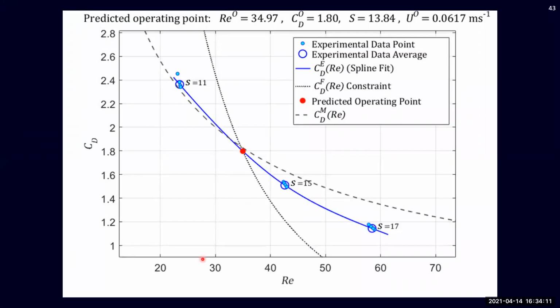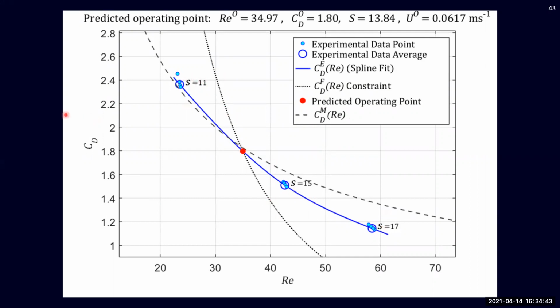Here we have Reynolds number on the x-axis and drag coefficient on the y, and each of these blue cyan points is an individual experiment, and the open blue circle is the average for those. You can see here scale factor 11, scale factor 15, and scale factor 17. And here is the point where the theoretical curve and the experimental curve cross over.